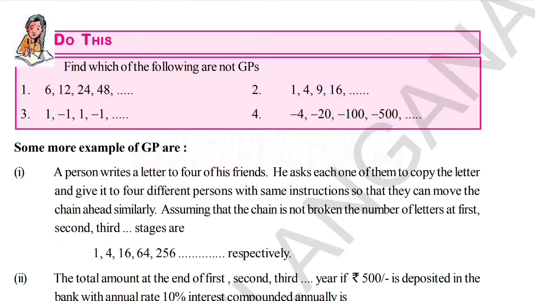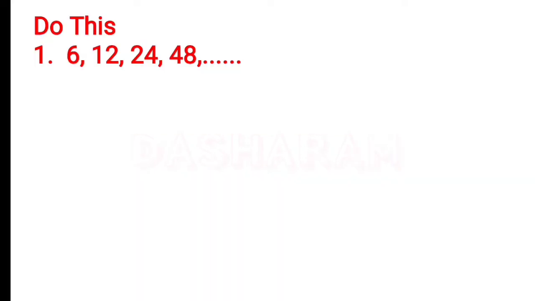Okay, so let's do this bit. Find which of the following are not GPs. First question: 6, 12, 24, 48, and so on. To verify whether this list of numbers forms a GP or not, same as in arithmetic progression, first we have to find the ratios.